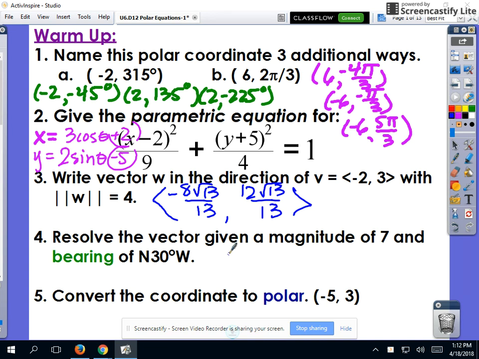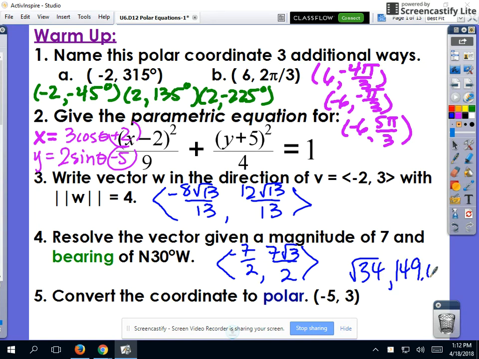So we're going to write it as -7 halves and 7 root 3 over 2. Convert the coordinate. We talked about this last time. So this would be root 34. And then using your calculator, that's pretty good. A lot of different things for this warm-up. Check it out, and let's move along.